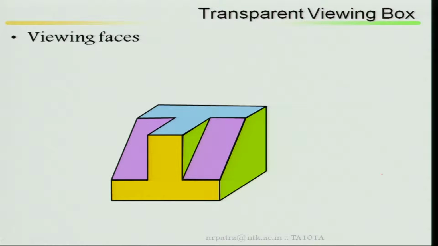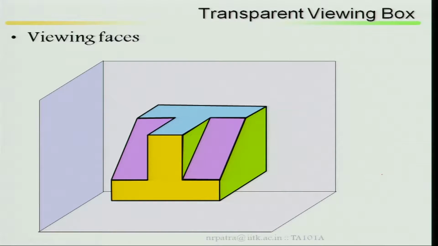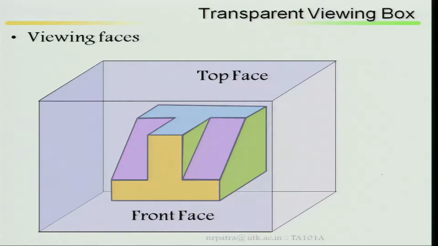Viewing faces: now, if I take a glass box and inside this glass box I put an object, then this is my object inside a glass box cube. If I am looking at this object from this side, I call this the front view. If I am looking from the top face, this is called top view.